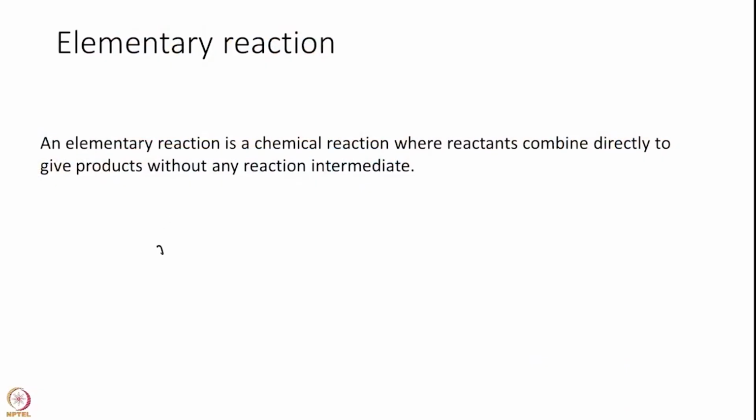So, for an elementary reaction, one very important observation is that the rate is always given as k into A to the power of a into B to the power of b for an elementary reaction of this form.